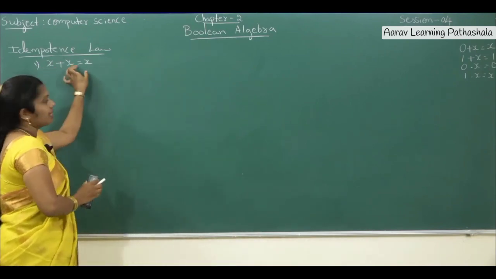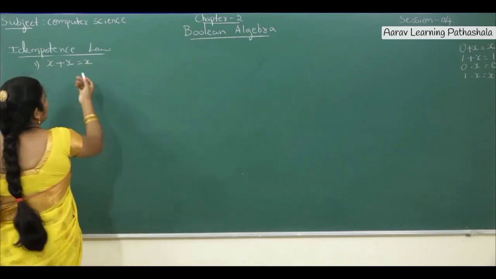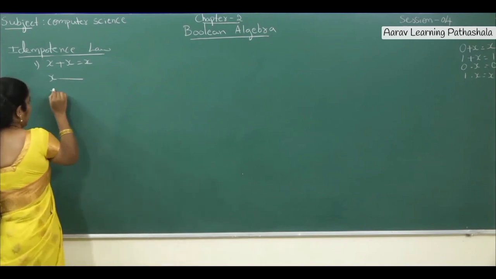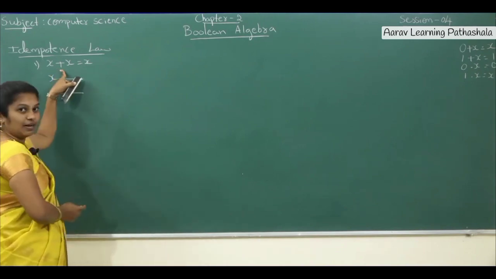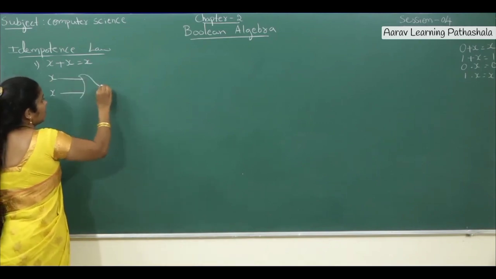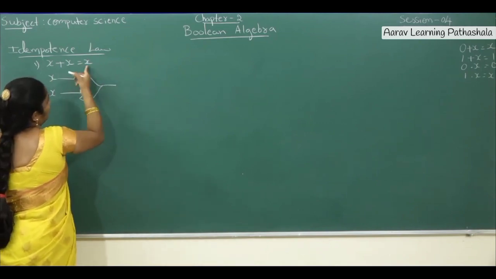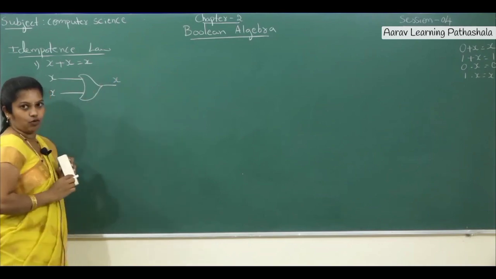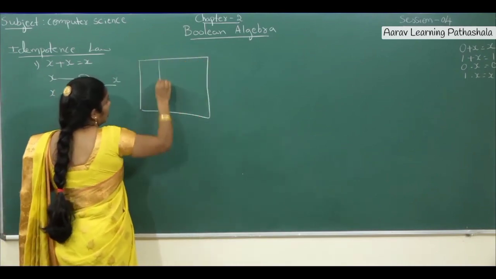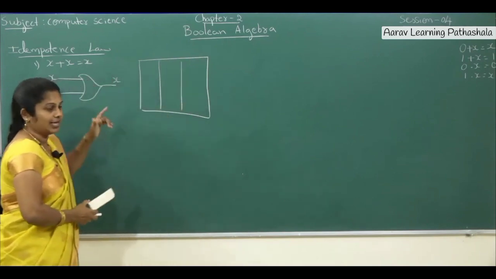On this, x plus x equals x, how do we write the circuit diagram? One is x, one more x here, but in between we have the plus symbol. Plus symbol means we have to take the reverse C shape. Then the output is also x. While writing the truth table, here we have only one variable, that is x.